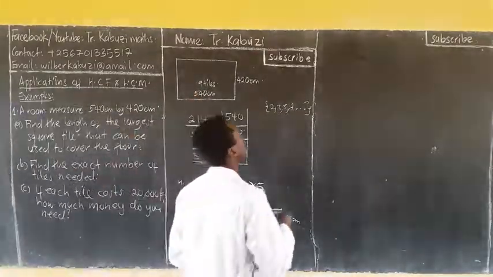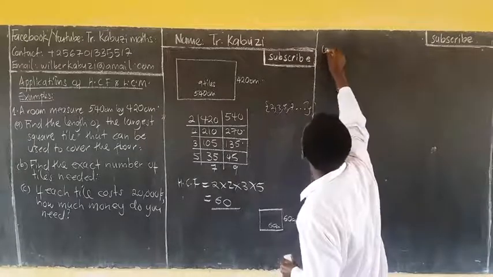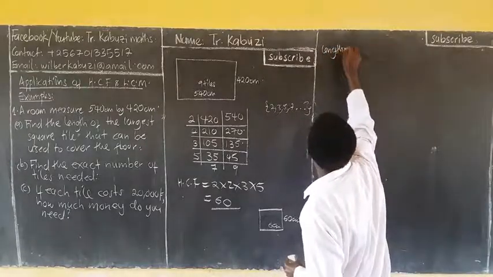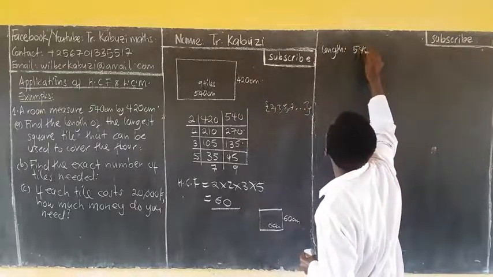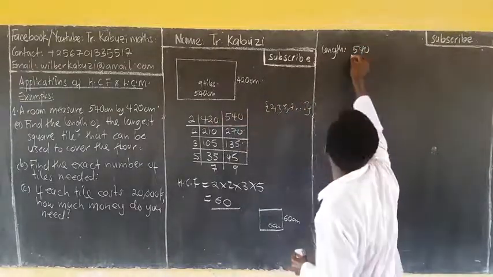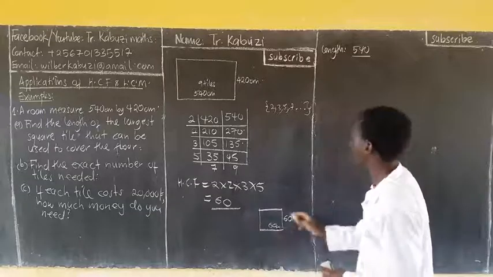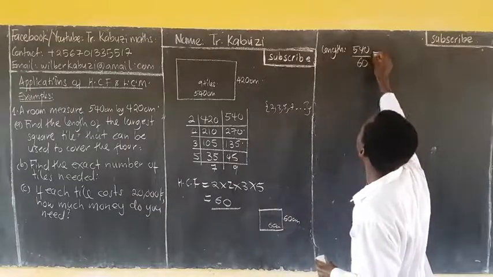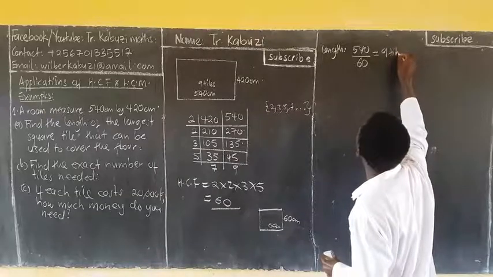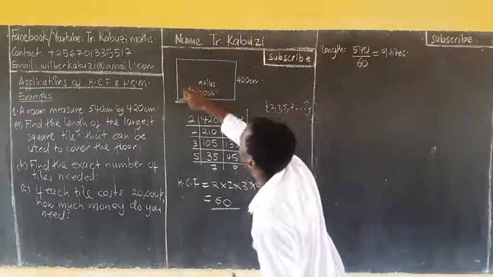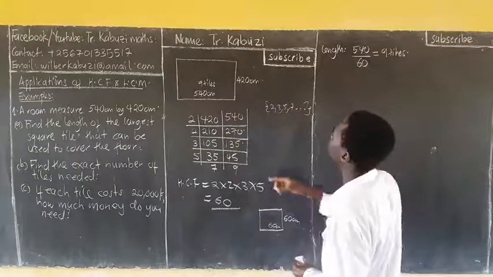So, the number of times I need in the length, I'll get the length of the room over the length of the square tile, which is 60. You see that this will be giving me 9 tiles. So here I'm going to use 9 tiles. What about in the width?